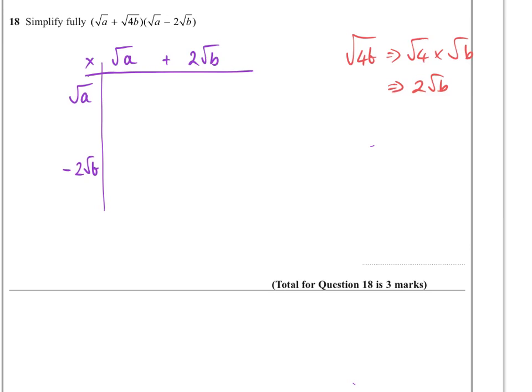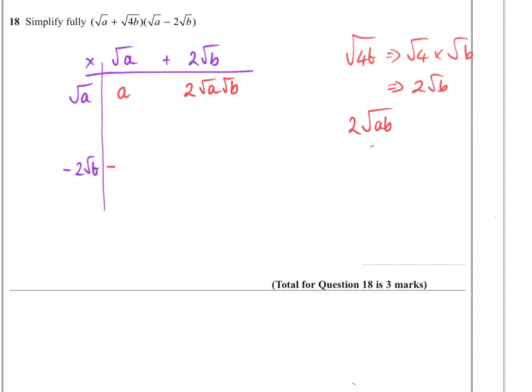So root A times root A, that just gives me A, and then I've got root A times 2 root b. Well, that's 2 root A root b, and you could also write that as 2 root AB. Doesn't really matter, as long as you've got a rough idea of what's going on. You can write it in a couple of different ways.